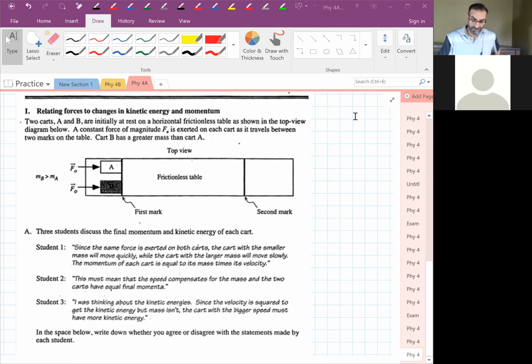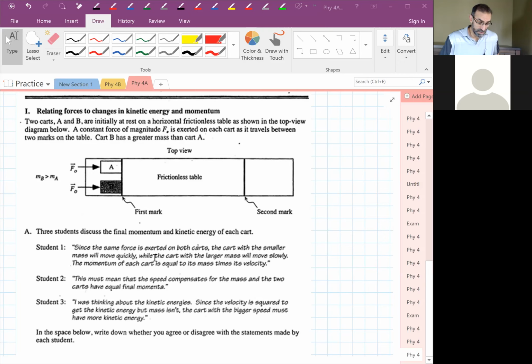Okay. This is our situation. We've got our two blocks on a frictionless table. One is heavier than the other one, and we're exerting the exact same force on both of them the whole time they're traveling between these two lines. So the discussion here, 3 students discussing this issue.